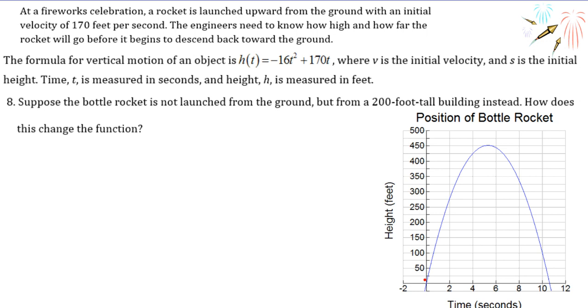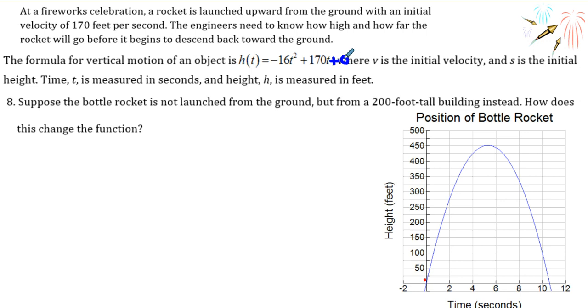And our last question says, suppose the bottle rocket is not launched from the ground, but from a 200-foot tall building instead. How would that change the function? So let's think about this. Where did our function represent from the ground? Well, that was the part at the end here, the plus s. So we technically had the plus 0 here.